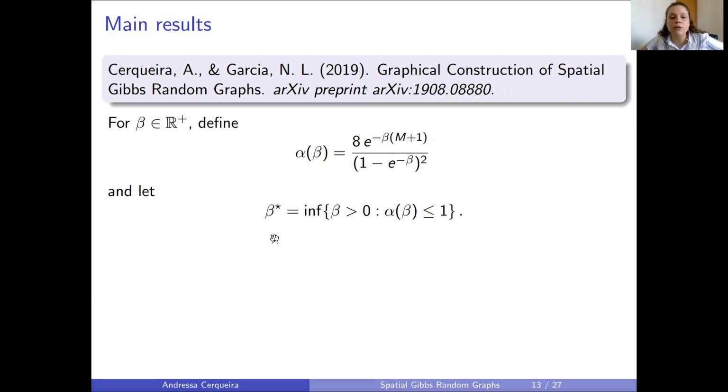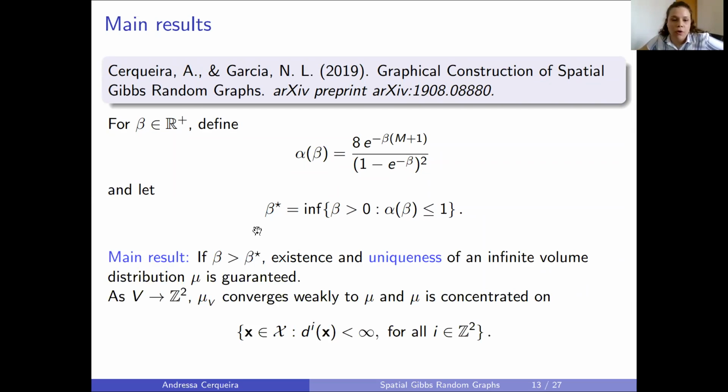We are going to define a critical beta, beta star, that's the minimum value of beta such that alpha of beta is smaller than 1. So when we have a model defined for betas greater than this beta star, I can guarantee the uniqueness of the infinite measure. And we have the same kind of result that this measure mu is also concentrated in this set of graphs. Okay, so these are the results that I'm going to talk about today.